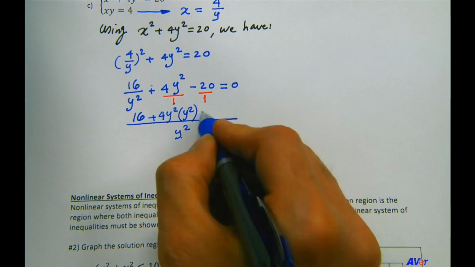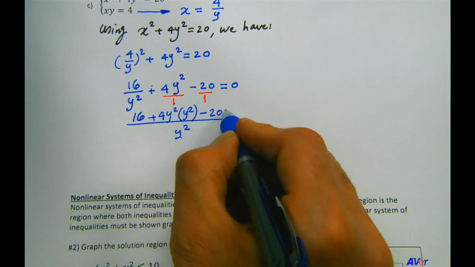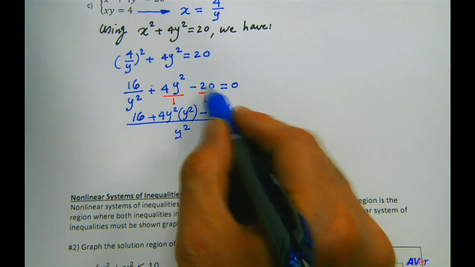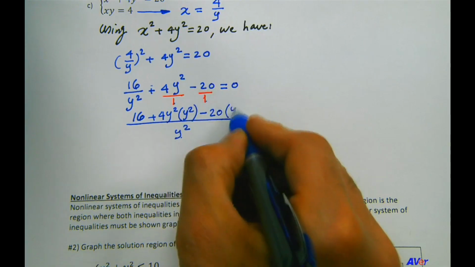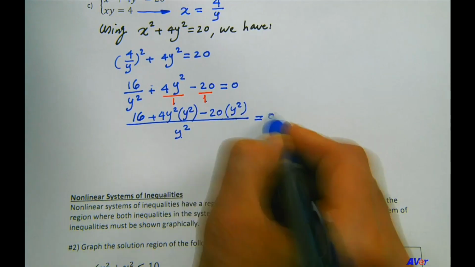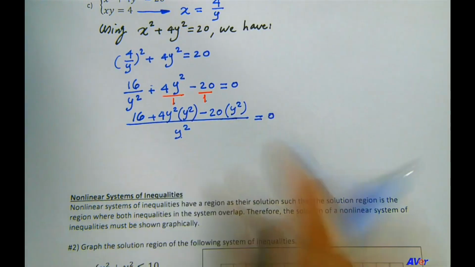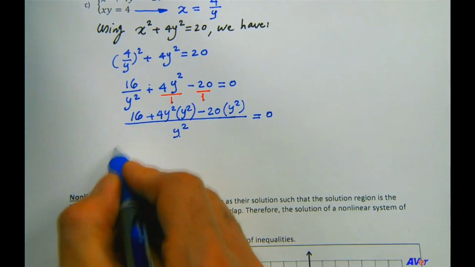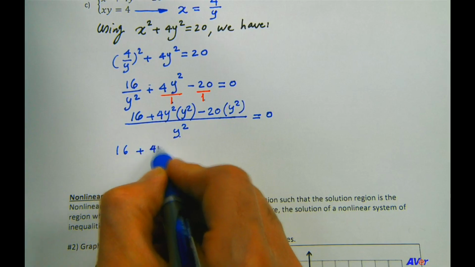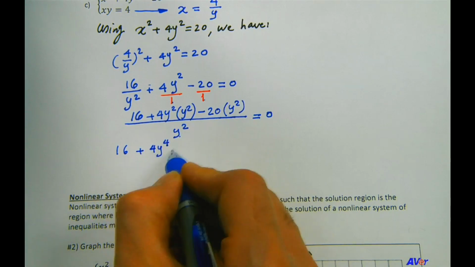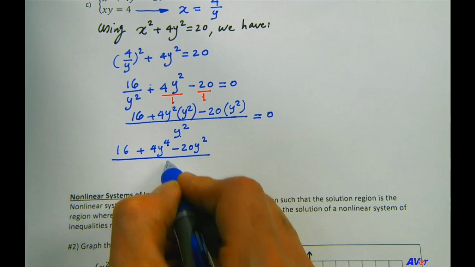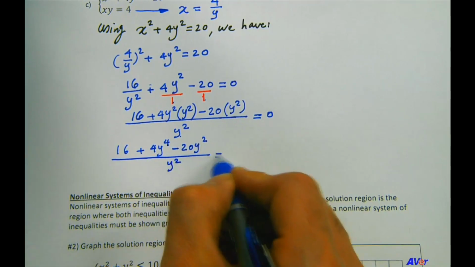Then minus 20 times, once again, y squared is missing from the denominator. So multiply minus 20 by the missing piece, y squared, equals 0. Okay, so let's simplify this. We have 16 plus 4y to the 4th power minus 20y squared, divided by y squared, equals 0.